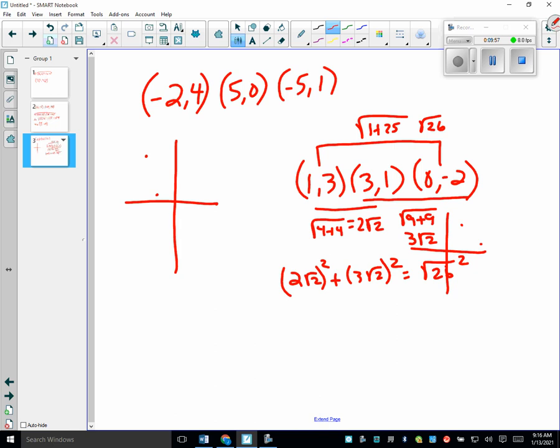This is 8 plus 18. Is that Pythagorean theorem? So this one was a no, but this one was a yes, because Pythagorean theorem worked. Does that make sense to you?